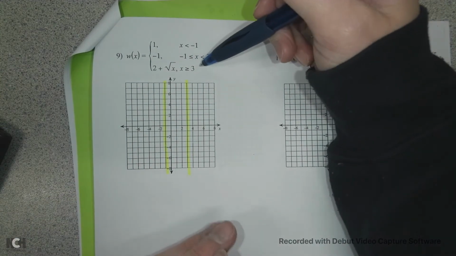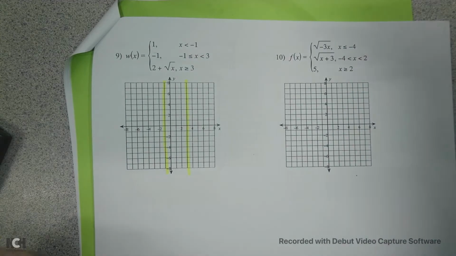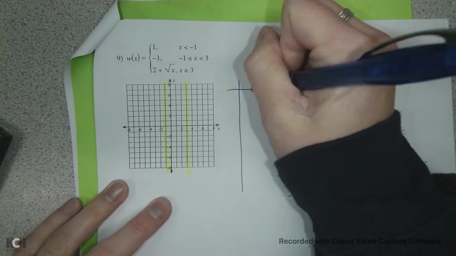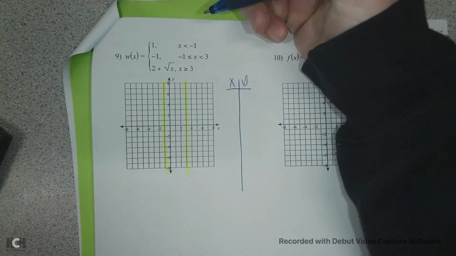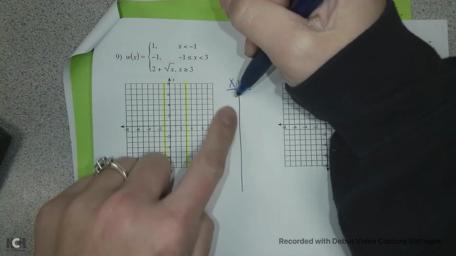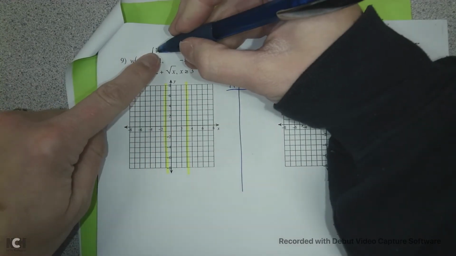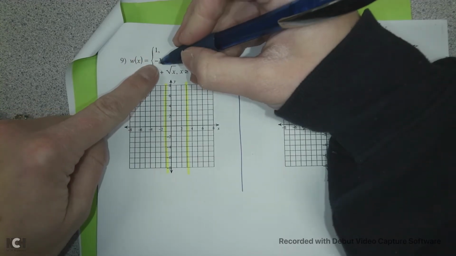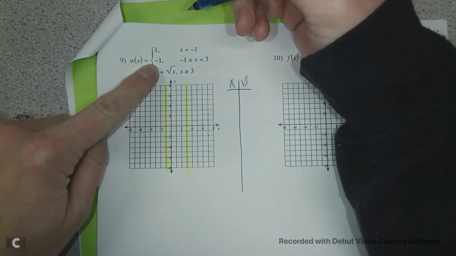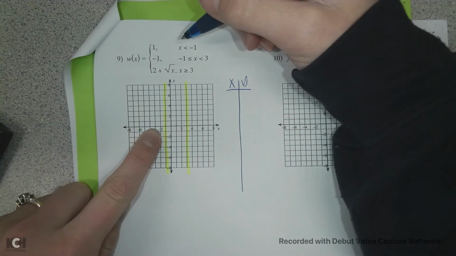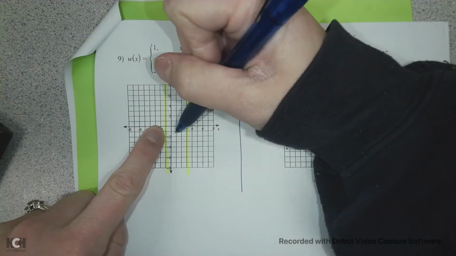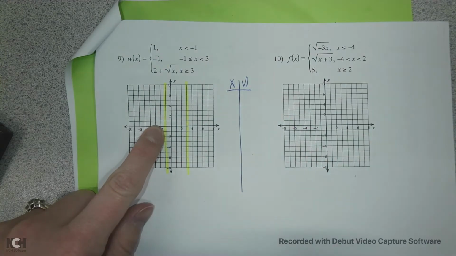And then bigger than 3, we want this function. So, okay. I'm not going to put the top 2 on here because it's at 1 and then it's at -1. Okay? So that means that my line needs to be at 1 and then at -1. I just need to make sure I put in the correct dots.